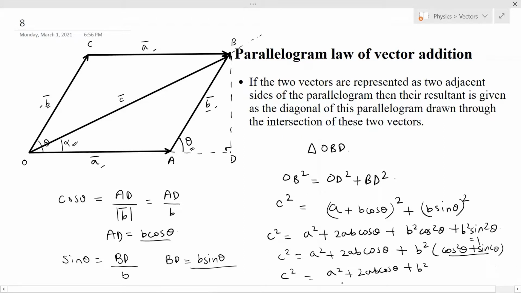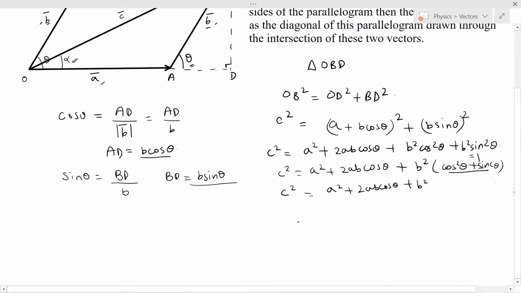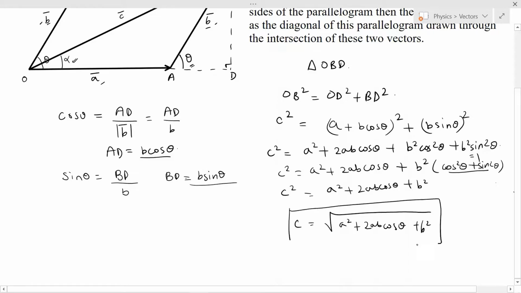So now C becomes square root of A square plus 2AB cos theta plus B square. So this is the magnitude of my resultant vector.